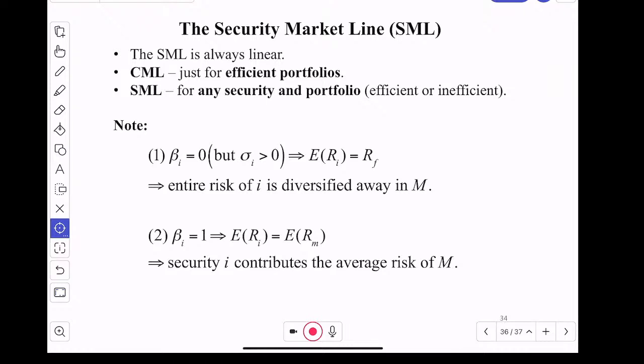Diversified away. If the beta is 1, the return of that asset must be the same as the market return. And so that security that you're adding would contribute to the average risk of the market portfolio, wouldn't change it.